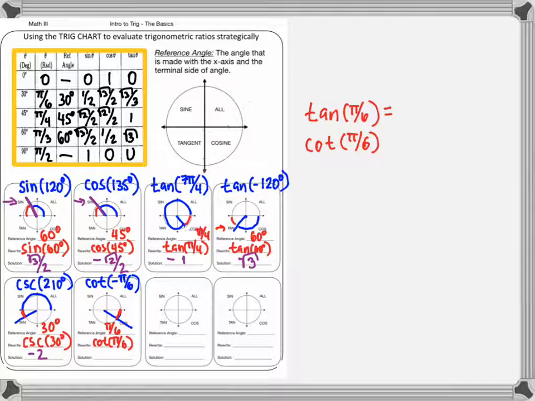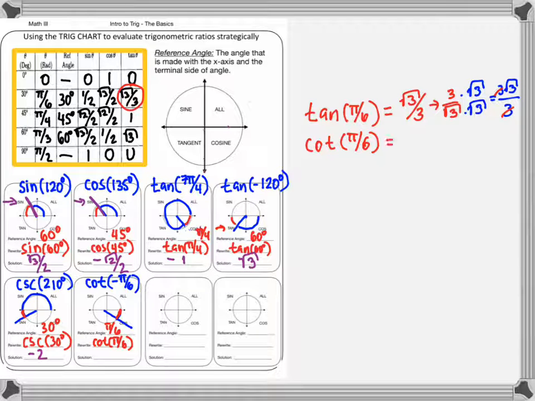The tangent of π/6 is going to give me √3/3. When I take the reciprocal of that, it gives me 3 divided by the square root of 3. Then I multiply the top and the bottom by the square root of 3, which gives me 3√3/3, and now the 3's cancel out.